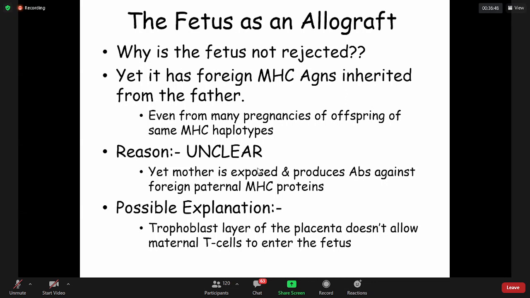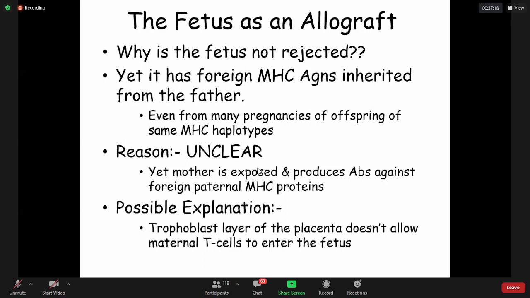There is always a question, because we know that the fetus is a foreign agent: why are others rejected and the fetus is not rejected? Yet it has foreign MHC antigens inherited from the father, even from many pregnancies of offspring of the same MHC haplotypes.